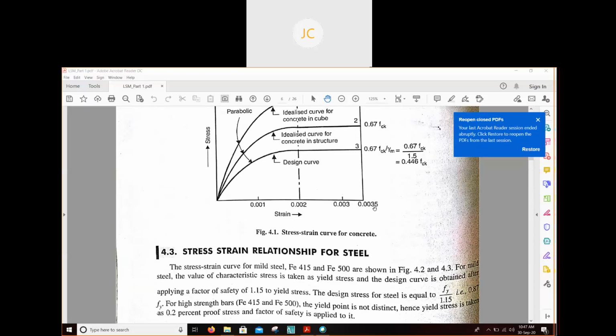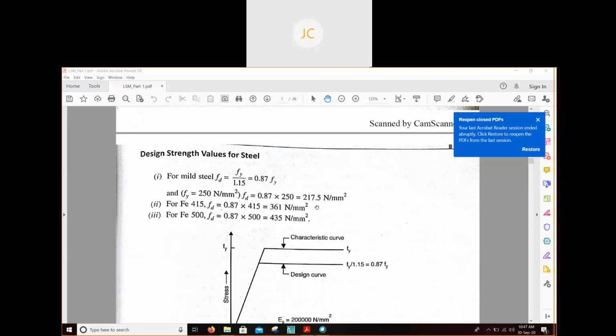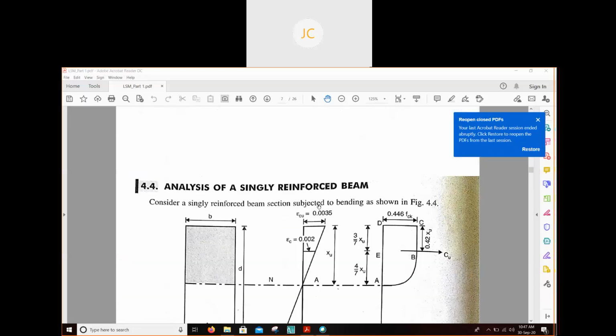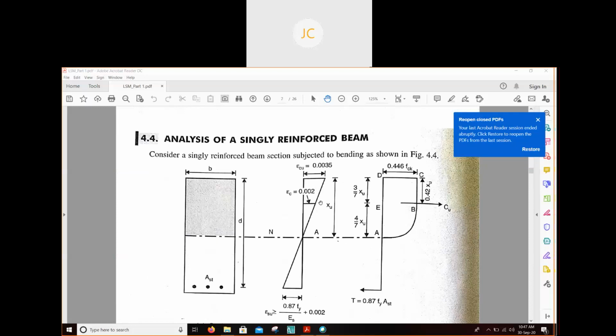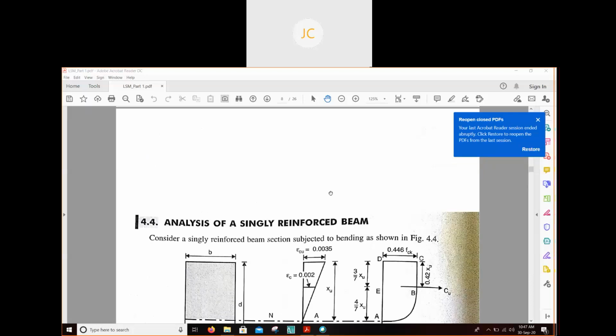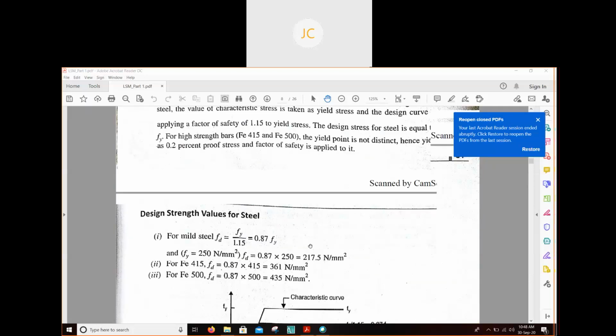Okay, and you see the diagram here, 0.002. So beyond this point, your strain will be linear, and you can see the strain gradually increasing, but the stress is constant. This diagram is coming from this stress strain behavior.